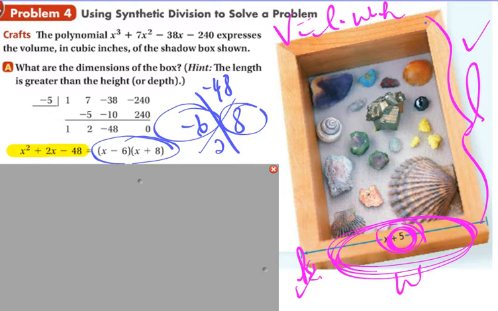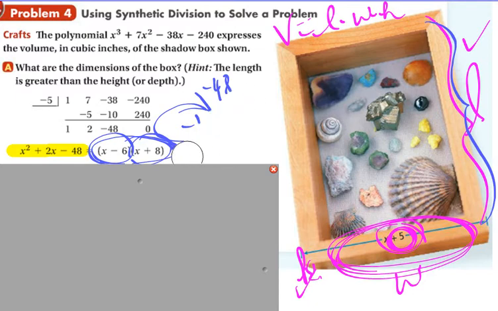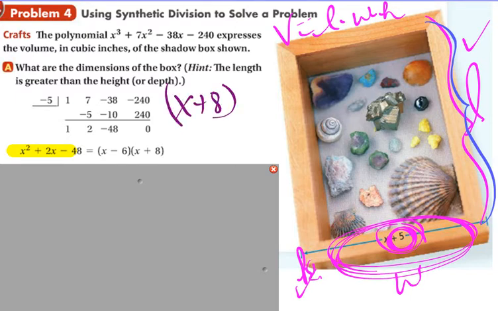And I said the bigger one's going to be the length. So what's bigger, x plus 8 or x minus 6? x plus 8. And if you're uncertain about what we're doing here, just write them, x plus 8 and x minus 6. Now let's pick a random number for x and see which one's bigger.